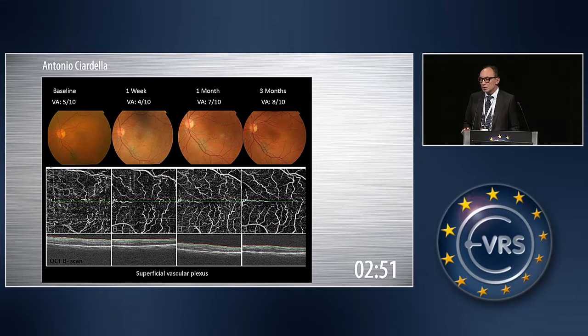You can see that before surgery, in a macular pucker case, there is a total alteration of the normal vasculature in the macula. You cannot see the foveal avascular zone, and the capillaries are very tortuous, and this is the superficial vascular plexus in the macula with the OCT-A. After surgery, there is a progressive restoration of the normal macular vascular anatomy.